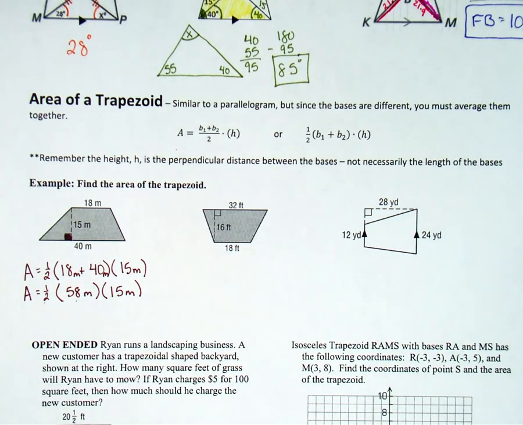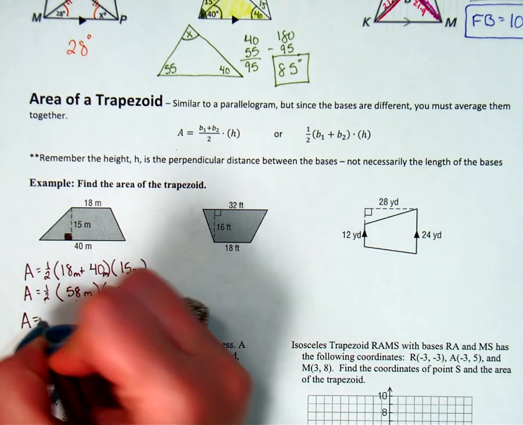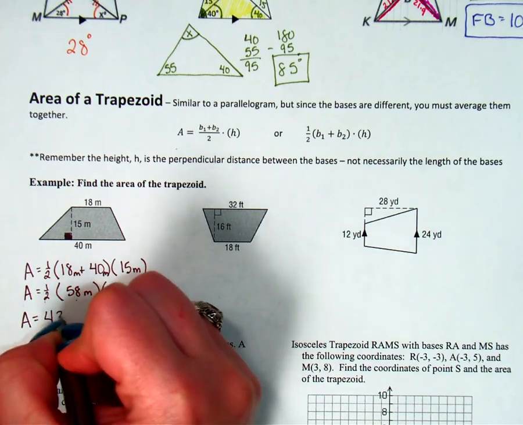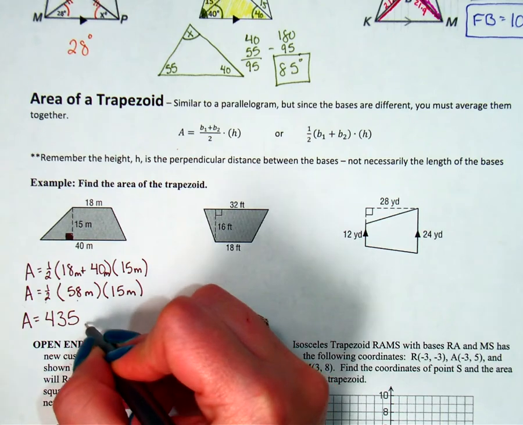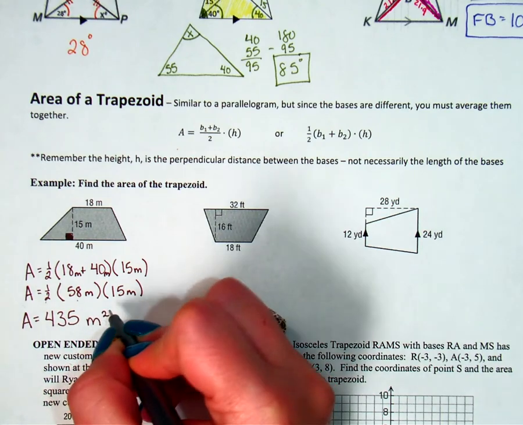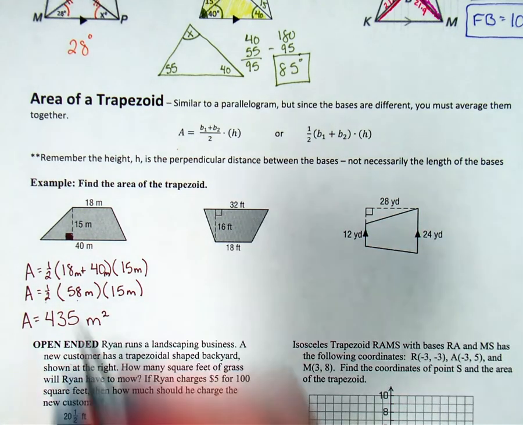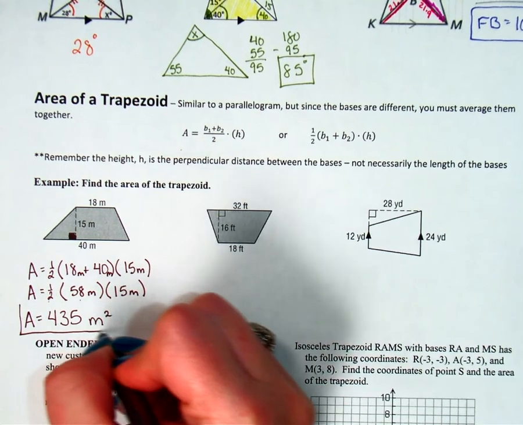It doesn't matter, whichever way works best for you. I'm going to do 1/2 times the 58, that's 29, times 15, so my area equals 435, and it is area, so we're going to use square units, but I can't put the square on the 5, I have to put the square on the units. So 435 square meters.